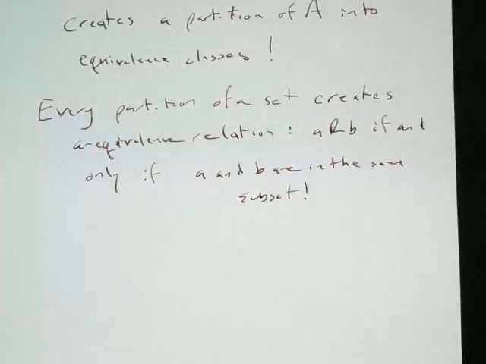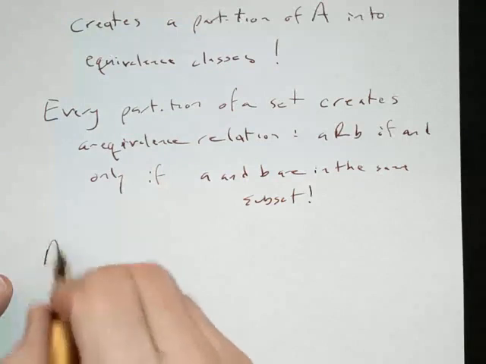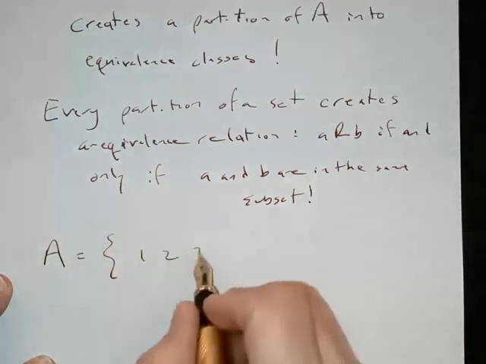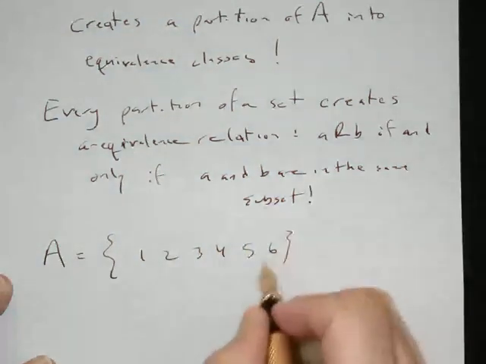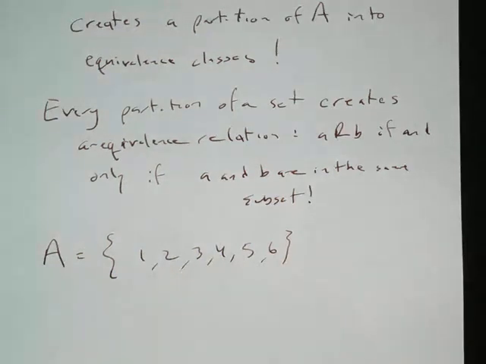I'm going to write down a set. I want you to chop this set up into a couple of pieces. Let's do 3 pieces. I don't care what those 3 pieces are. What 3 pieces are you going to pick?